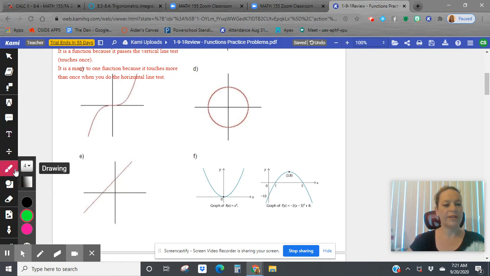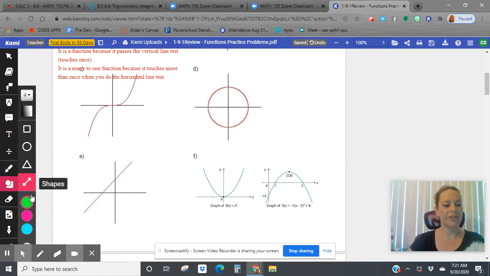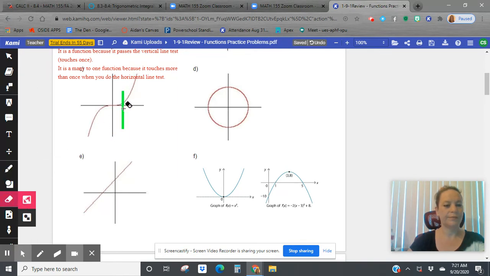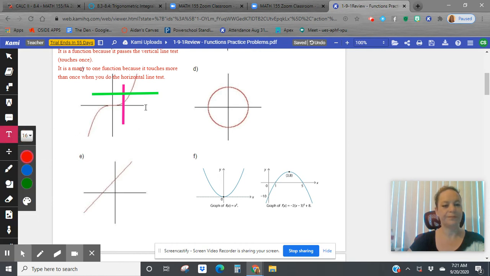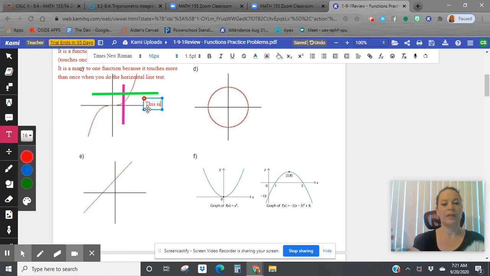All right, let's try this next one, the cubic function. The vertical line test touches once on this cubic function, and the horizontal line test also touches once. This is a cubic function.